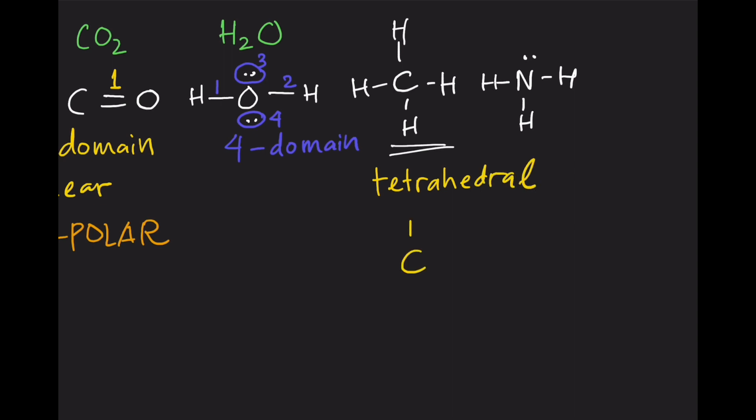You have 2 on the plane, and 1 will go up towards our side that we normally draw like this, and 1 will go toward the back of this board. If you imagine this is a 2-dimensional plane, this and this will be on the plane.